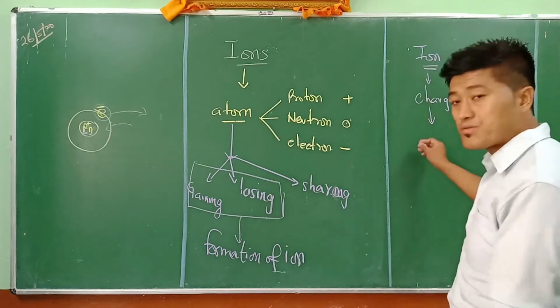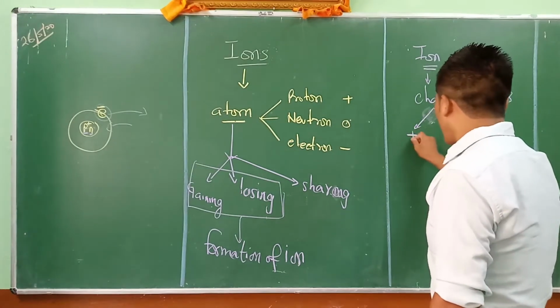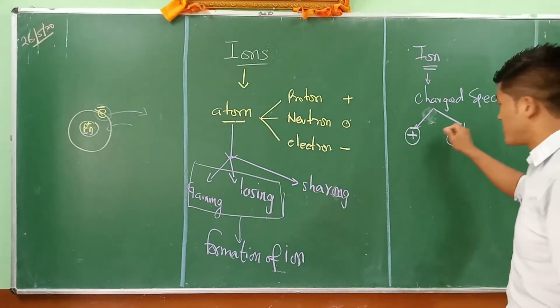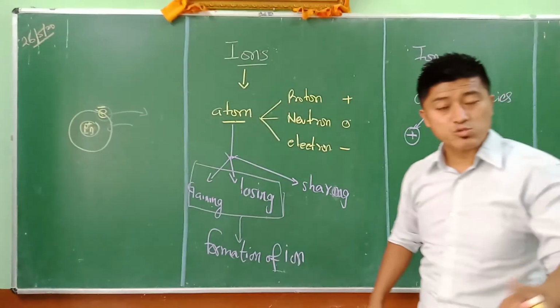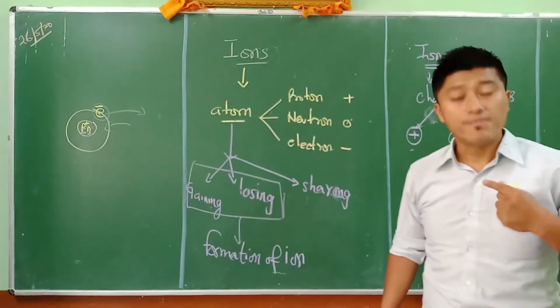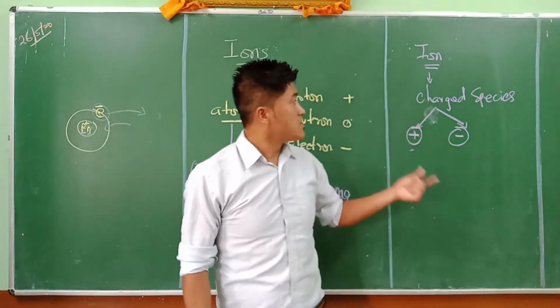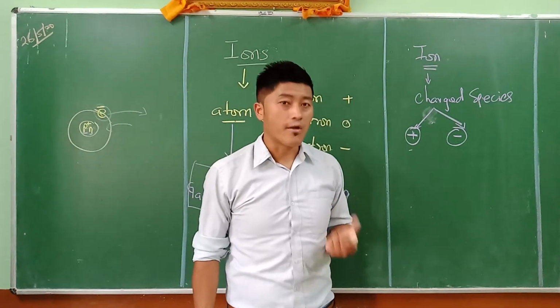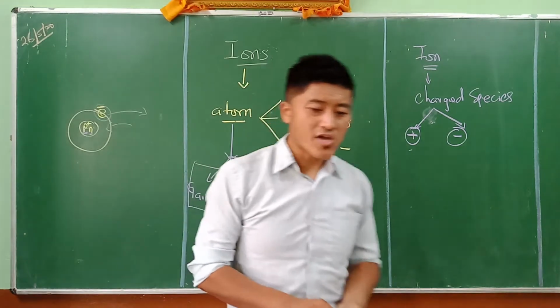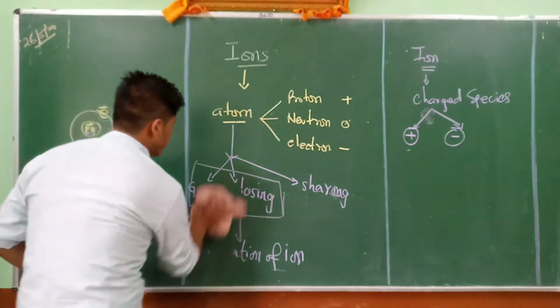And normally we know there are two kinds of charge: either positive or negative. There are some atoms which come with a positive charge, and some which come with a negative charge. These kinds of charged atoms are what we refer to as ions. Understand? So we will try to get one example of ions here.